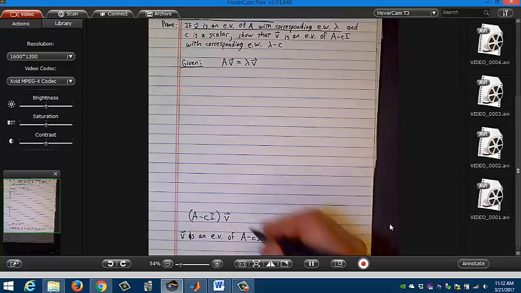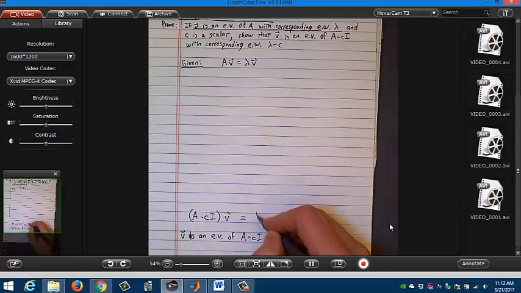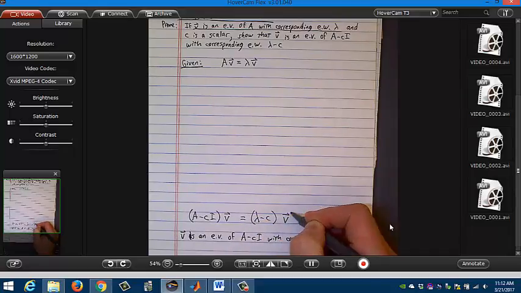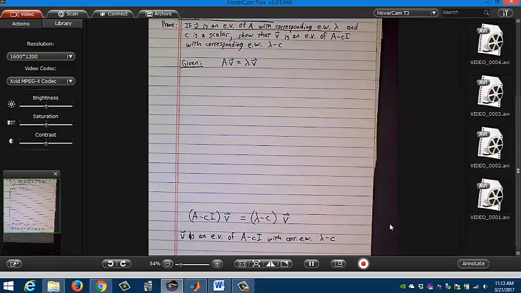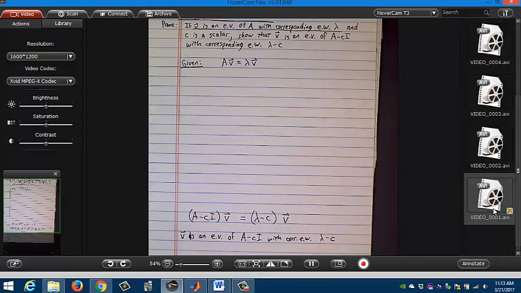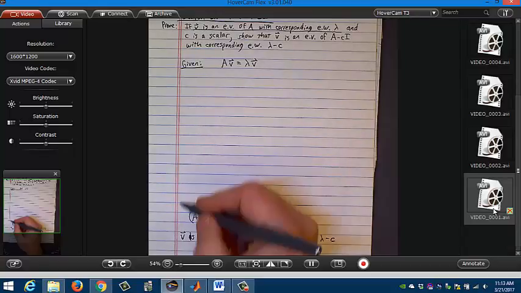Equals A minus c times v. Not A minus c. What's the eigenvalue? I meant lambda. Good. Lambda minus c, I'll put in parentheses, times v. You do work and you try and make the ends meet. When I see this, there's something very natural that comes to mind. Distribute. Right? So I'll kind of go back a step.